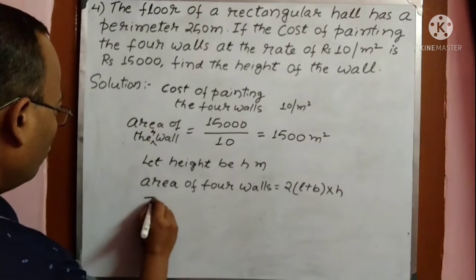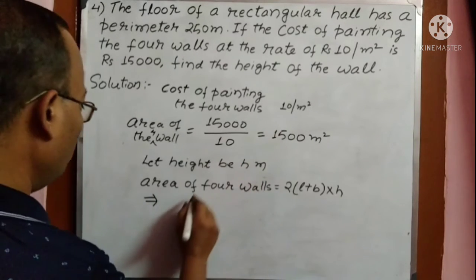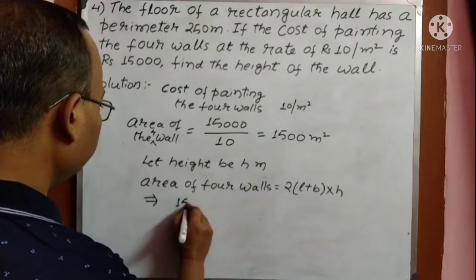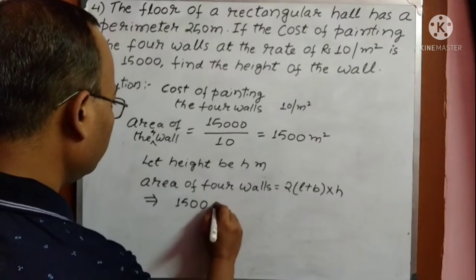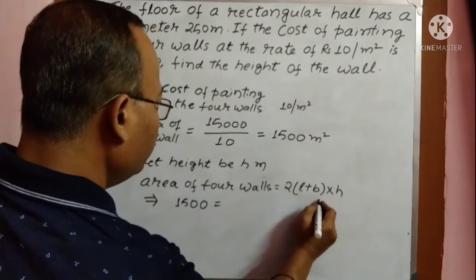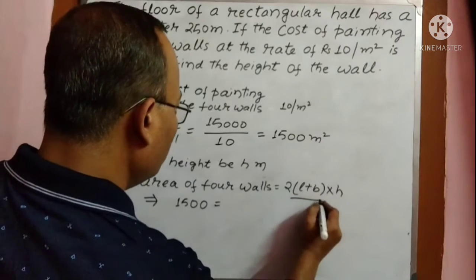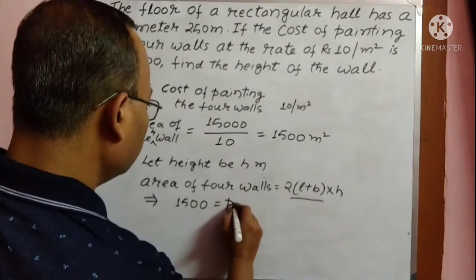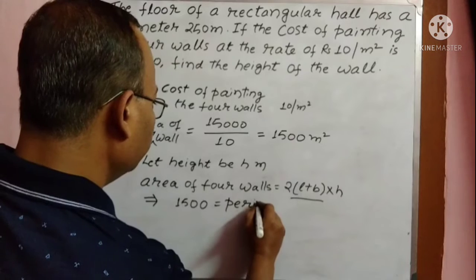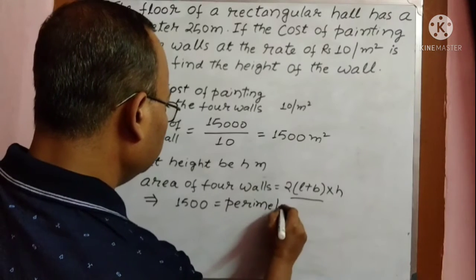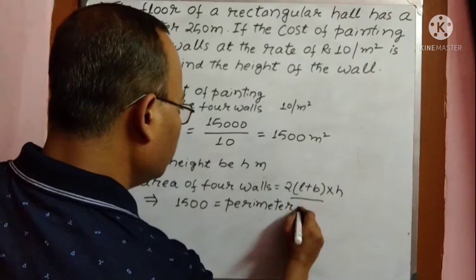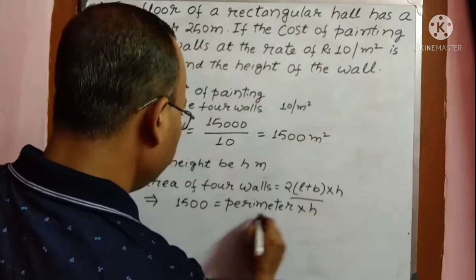So area of 4 walls we have calculated as 1500, and this 2 into (length plus breadth) is the perimeter. So 2 into (length plus breadth) into height is perimeter into height.